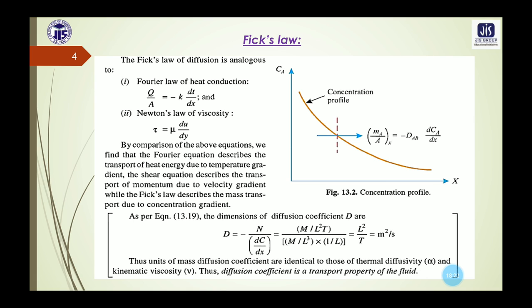This is the difference between Fourier's law, Newton's law and Fick's law. Fourier's law is the transport of heat energy due to the temperature gradient, related to conduction. Newton's law of viscosity describes the transport of momentum due to the velocity gradient between two different fluid layers. While Fick's law describes the mass transport due to the concentration gradient.